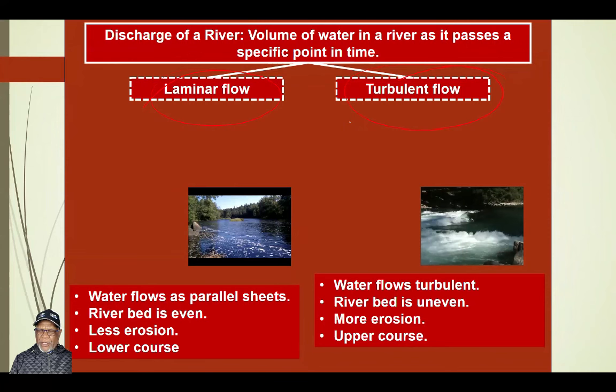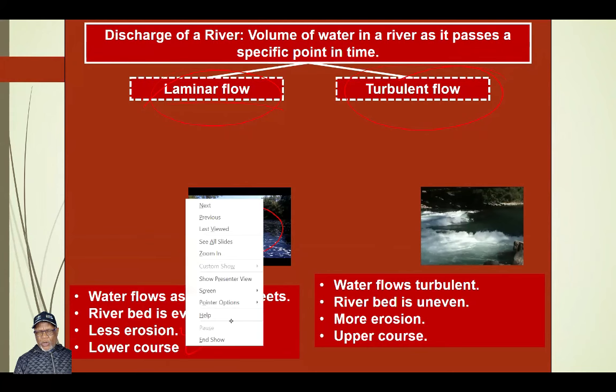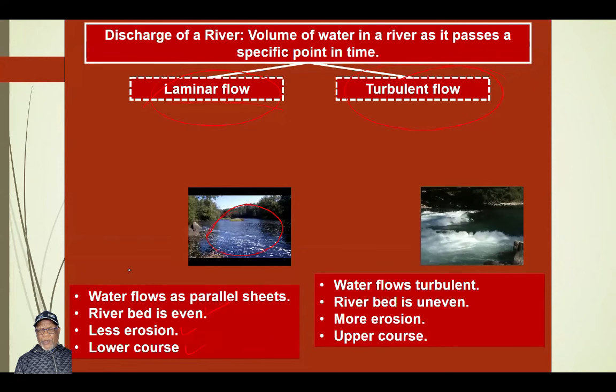When a river flows on an even surface, in the lower course, it's going to flow in a characteristic called laminar flow, where water flows as parallel sheets, as you can see in the diagram here. The riverbed is even or smooth, there is less erosion, and it occurs mainly in the lower course of the river. So at this stage, you can say the river is graded.